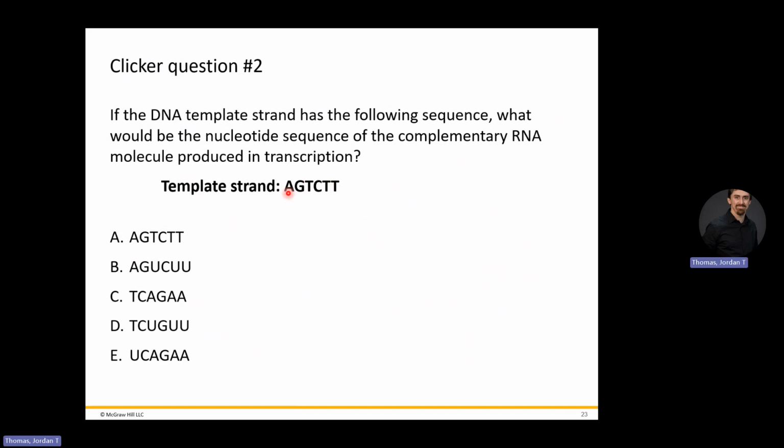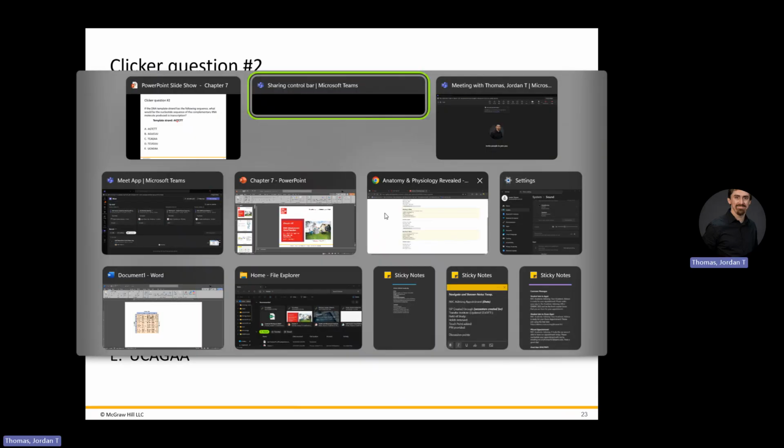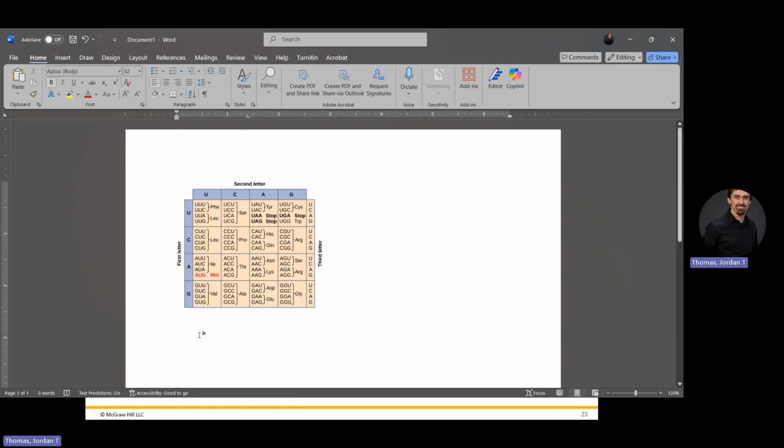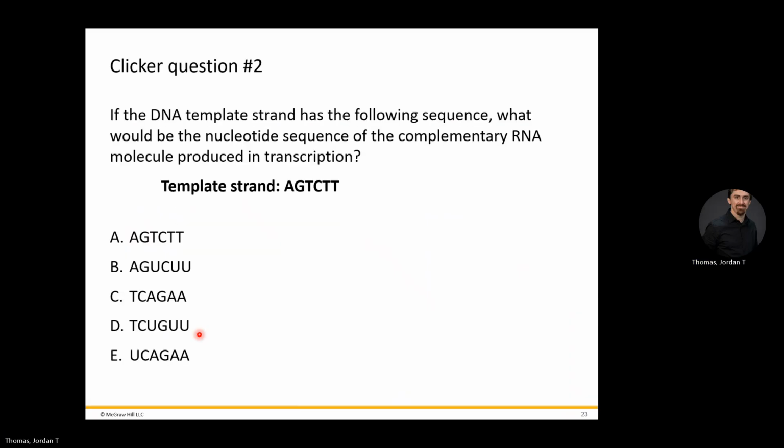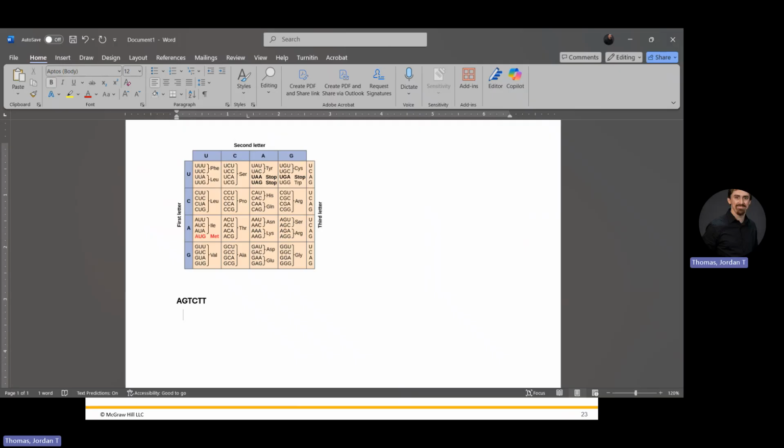So let's look at this. We have A, G, T, C, T, T. I'm going to copy that to a Word document real quick, just to make our life a little easier. If we go letter by letter, remember, A to U, C to G, G to C, T to A. So A pairs with U, because we don't have thymine anymore.